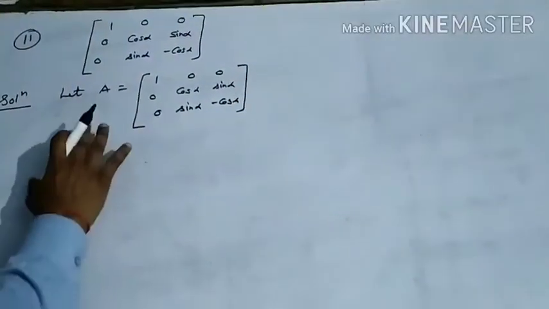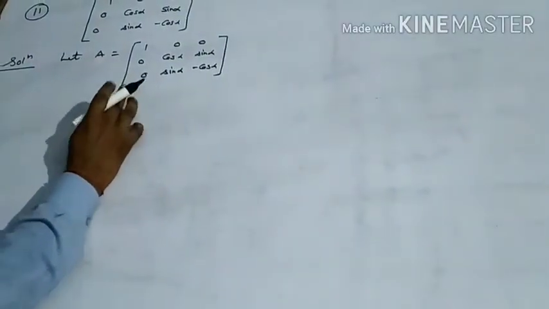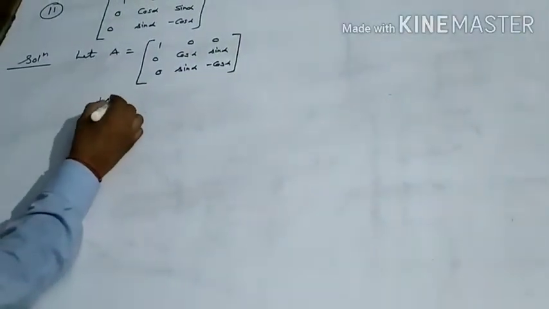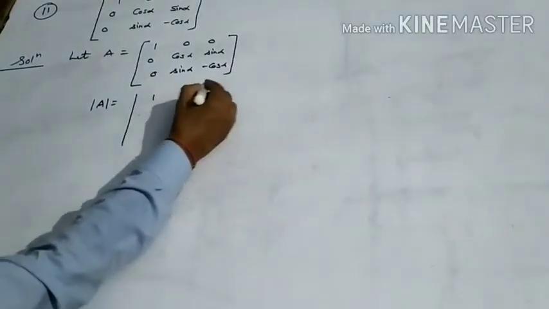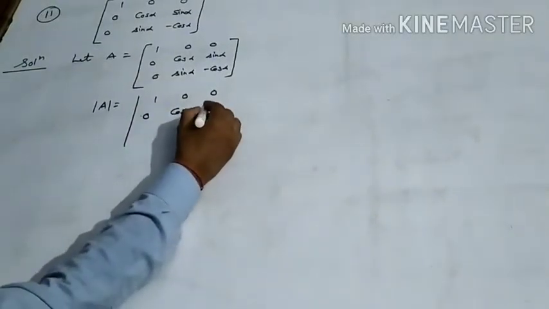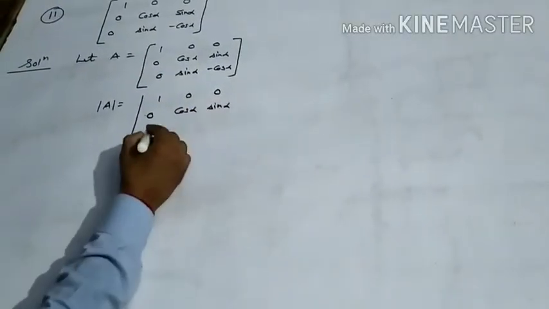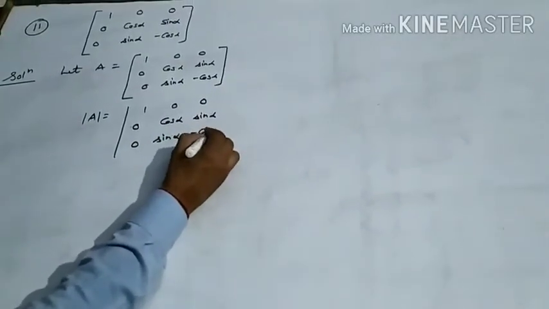Now for finding the inverse of this matrix, first we are going to calculate the determinant of the matrix. So determinant of A is equal to 1 0 0, 0, this is the cos alpha, here this is the sin alpha, 0, this is the sin alpha minus cos alpha.